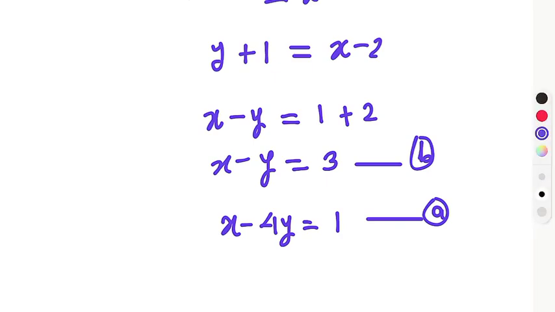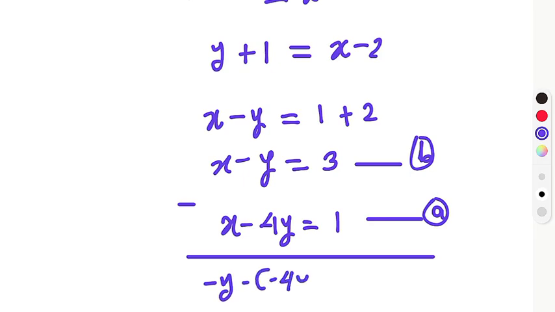All right, so what I'm going to do, if I subtract both sides here, x minus x, we're going to have 0. Then we have minus y minus minus 4y, which equals 3 minus 1.